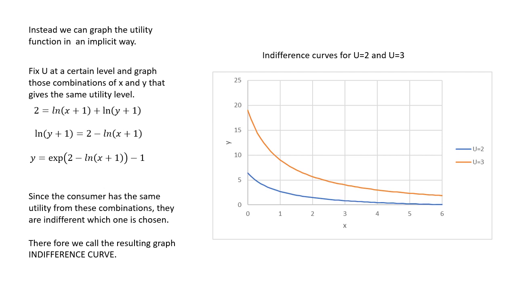If you have a concave utility function, then the indifference curve is supposed to be convex. So there are certain features that we expect that a so-called well-behaving indifference curve is going to have.